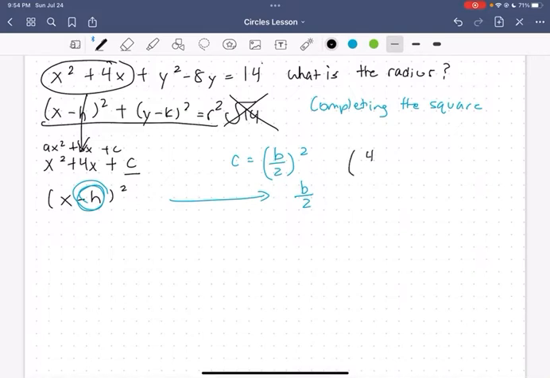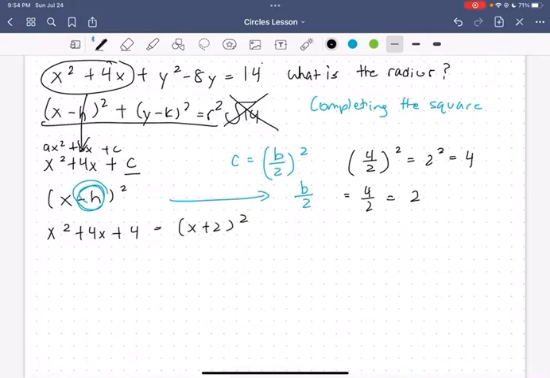You have 4 over 2 the whole squared. So you get 4 over 2 is 2. 2 squared is just 4. And now for b over 2, you get 4 over 2, which is just 2. So I would get x squared plus 4x plus 4. And that is supposed to equal x plus 2 the whole squared. Now, you might doubt what I'm saying, so let me try to prove this to you.